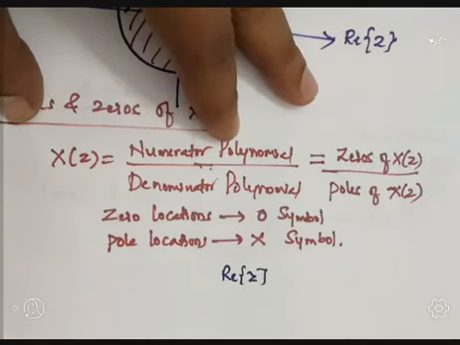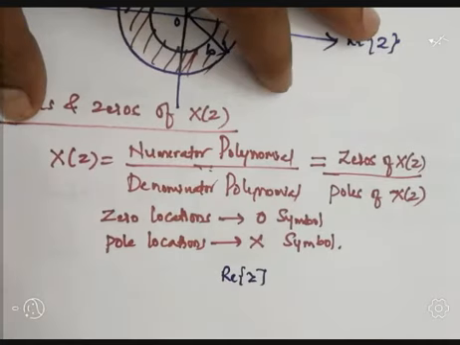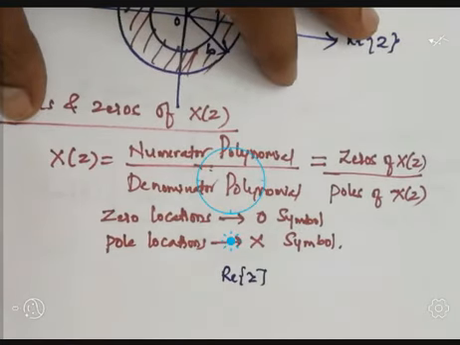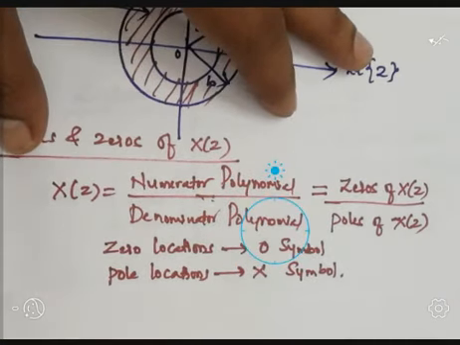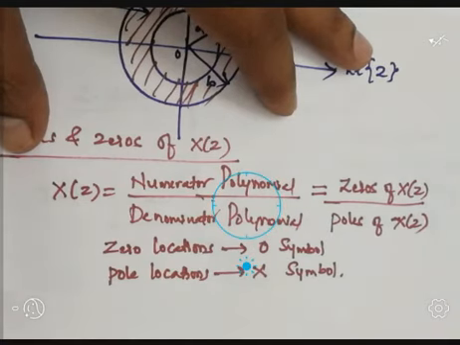This is about the definition of ROC, three cases, and the representation of poles and zeros on the z plane. In the next session, we'll discuss the properties of ROC.